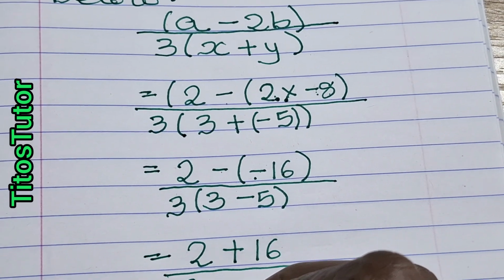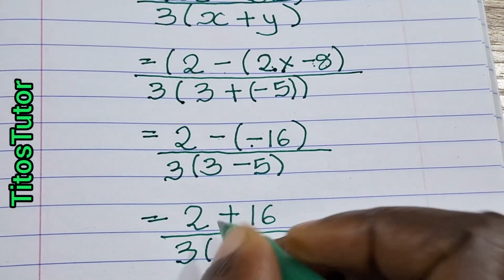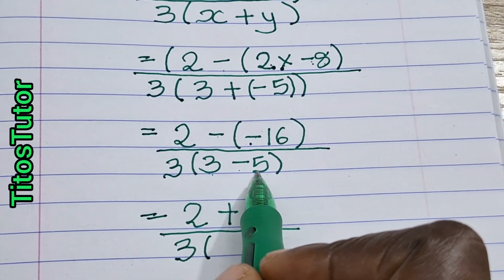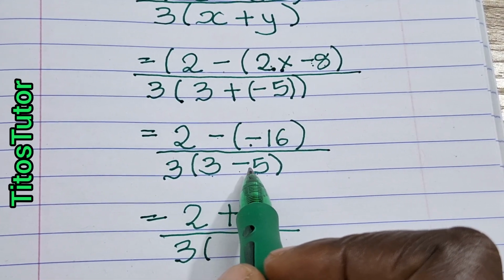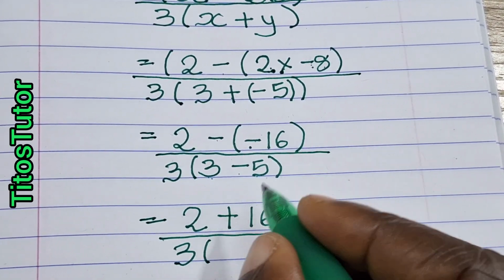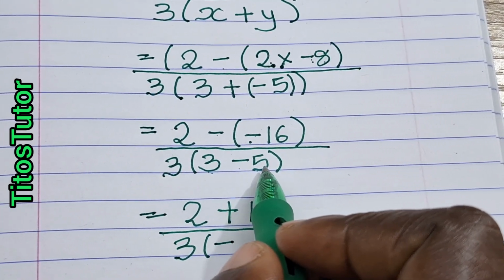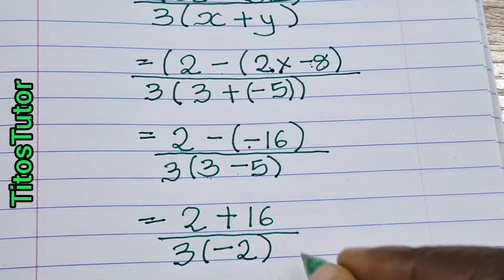So let's go. 3 in bracket, 3 minus 5. 3 is positive, 5 is negative, so you subtract, but your answer takes the sign of the bigger number, and 5 is bigger and is negative, so I have negative as my answer. But now it's time to subtract. 5 minus 3 is 2, and I close my bracket.